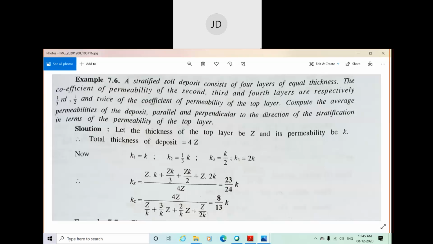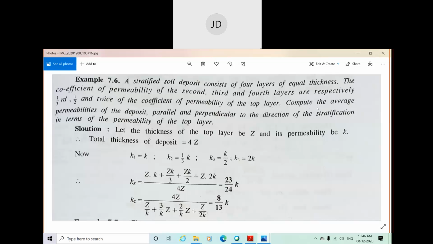That means if you consider the first layer coefficient of permeability as K1, then the second layer K2 will be 1/3 of the first layer, the third layer is half of the first layer, and the fourth layer K4 is twice of K1. So it is given as a condition.